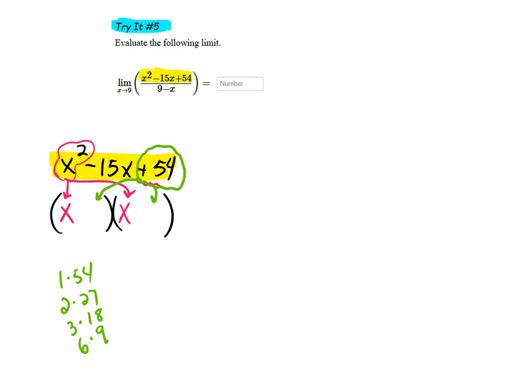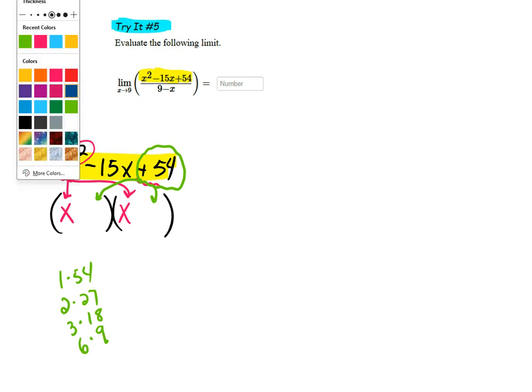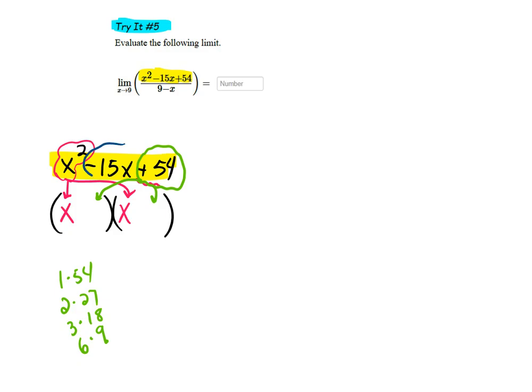However, my middle term is a negative 15x. So since 6 times 9 is 54, but negative 6 and negative 9 add up to the negative 15x, that's my pair. So my factors are x minus 6 and an x minus 9.